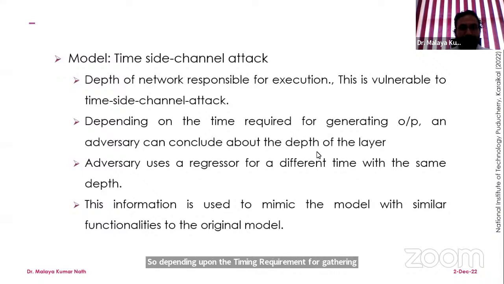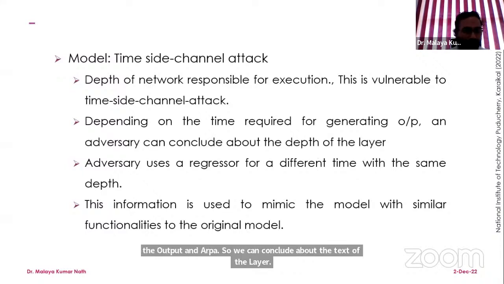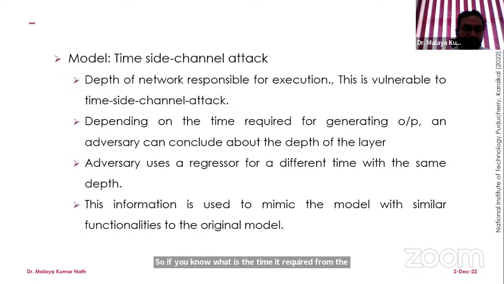If you know the time required from the input to getting the output, you can predict how many layers there are, or what the depth of this network is, and the adversary can detect it. The adversary uses a regressor for different times with the same depth, and this information is used to mimic the model with a functionality similar to the original model.